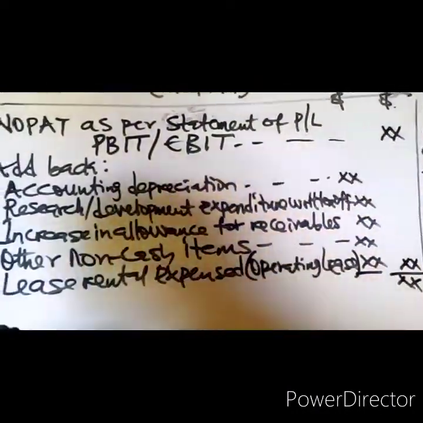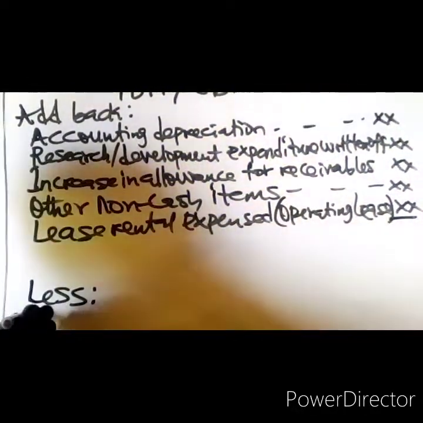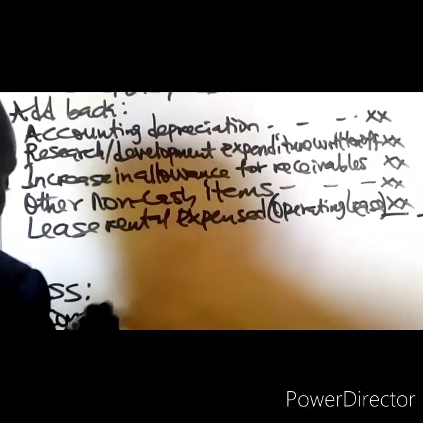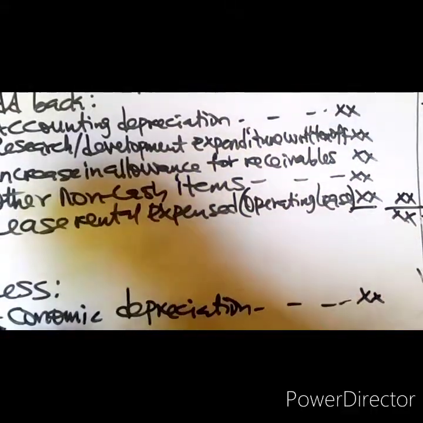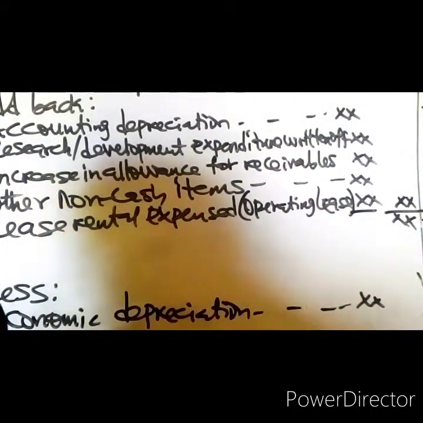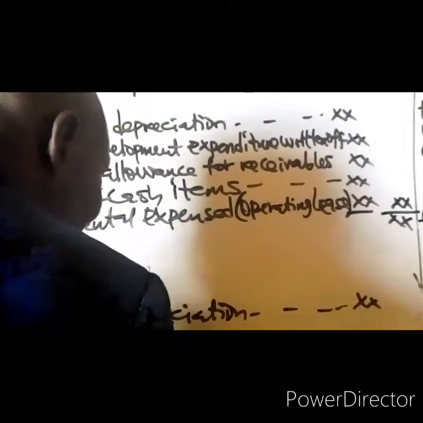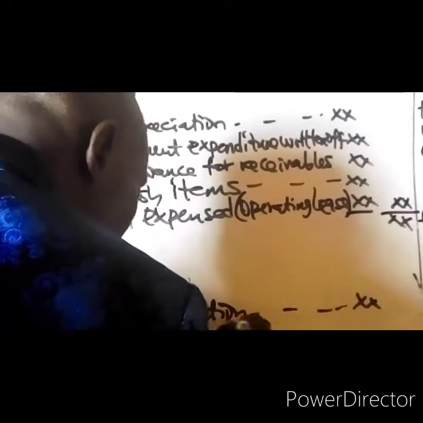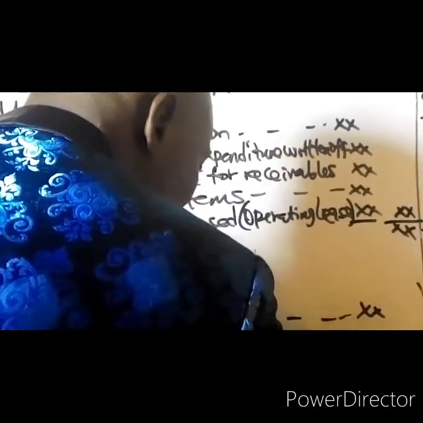You now less the following items. You less 1, economic depreciation. Then we also less decrease in allowances for receivables, that is decrease in provision for bad debts.